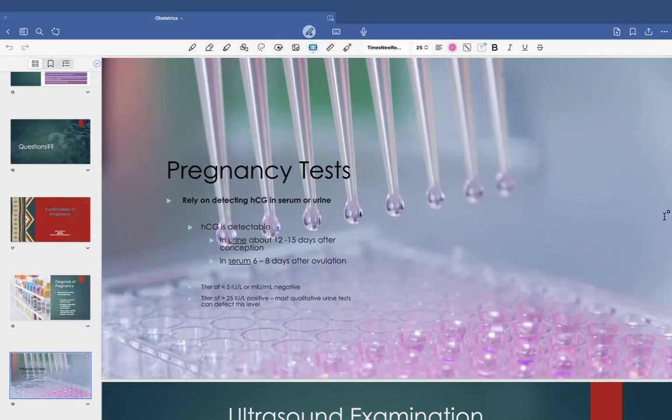Blood tests can tell if you're pregnant even earlier than urine. In the serum, 6 to 8 days after ovulation. Some sources say 5 to 7. So HCG is measured in international units per liter or milli international units per milliliter, so you'll see that for both of those.